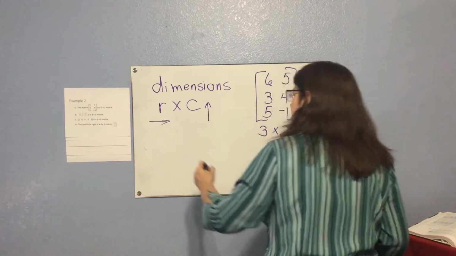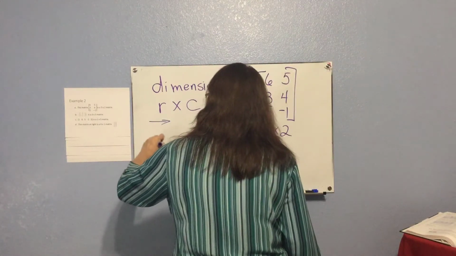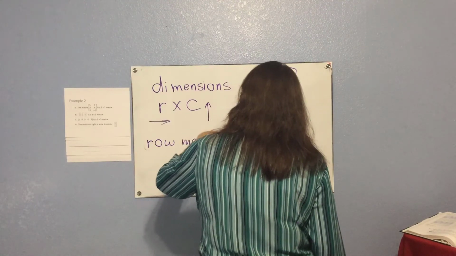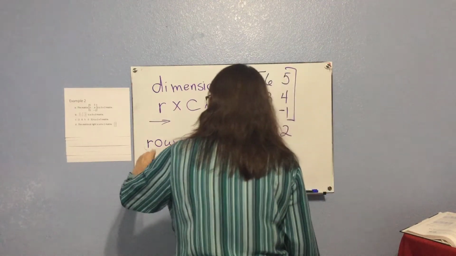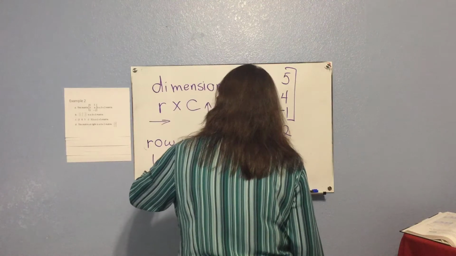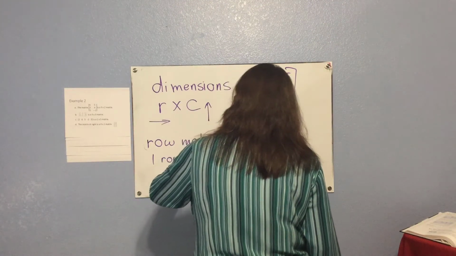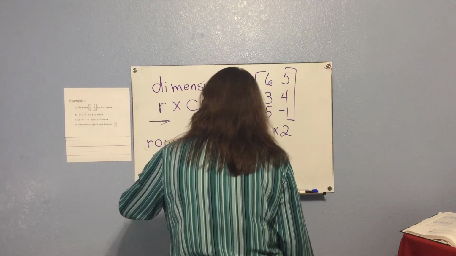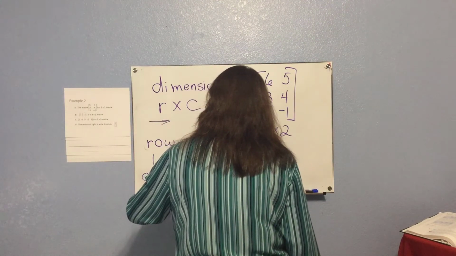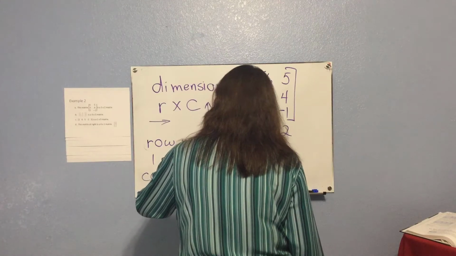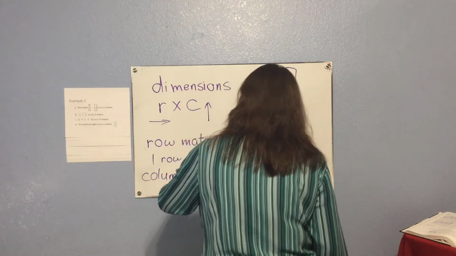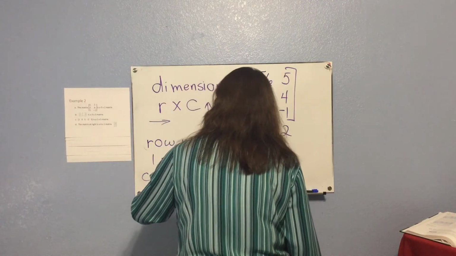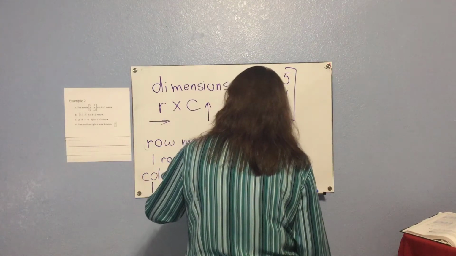Okay, sometimes we talk about a row matrix, which has 1 row only, and a column matrix has 1 column only.